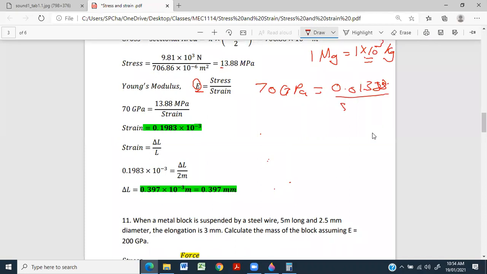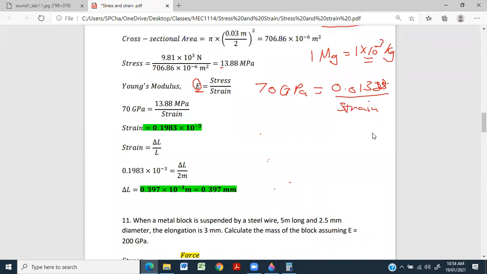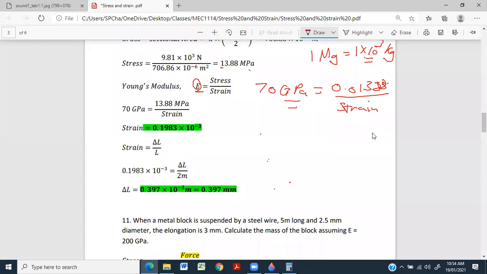So you see here, it would be useful to just keep both of them in gigapascals, instead of putting this in megapascals. So it might be useful to just have found this answer in gigapascals in the first place to make calculations simpler. So as you go through, you'll find whichever way is easiest for you, right?